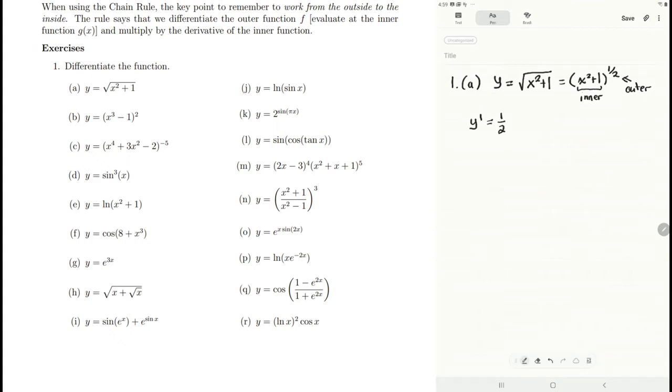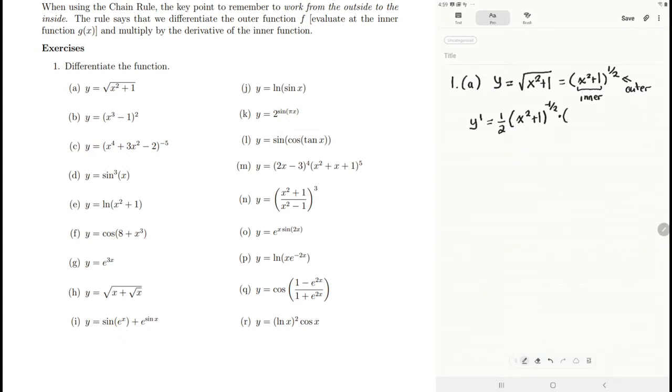So we have 1/2. And then we leave the inner function unchanged. So that is x squared plus 1. And then by the power rule, we subtract 1 from the exponent. So 1/2 minus 1 is negative 1/2. So this is f prime evaluated at the inner function.